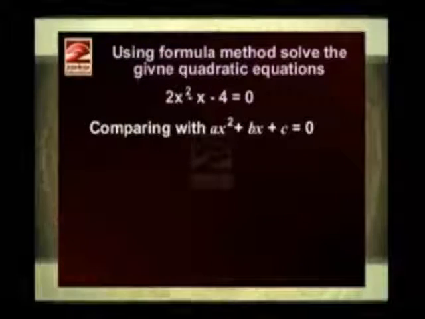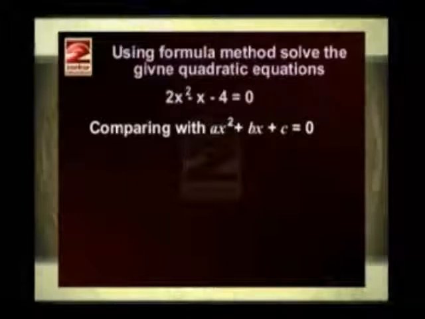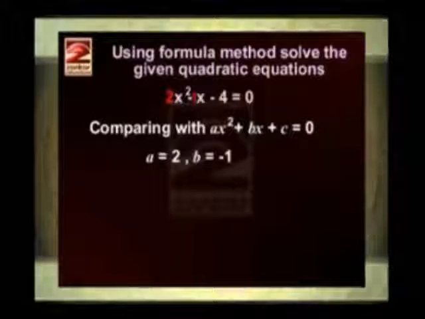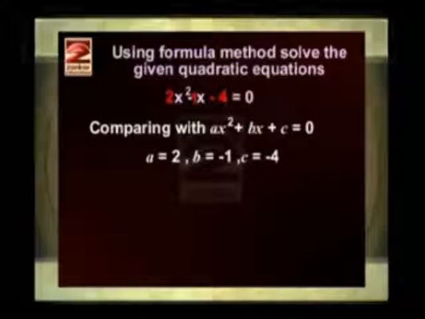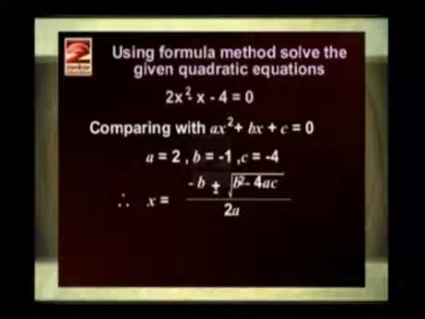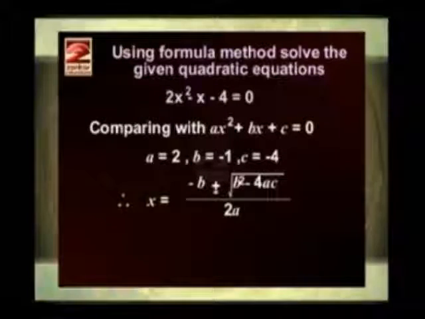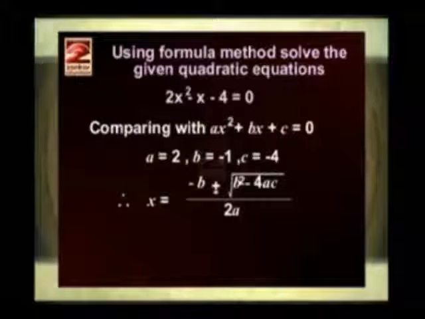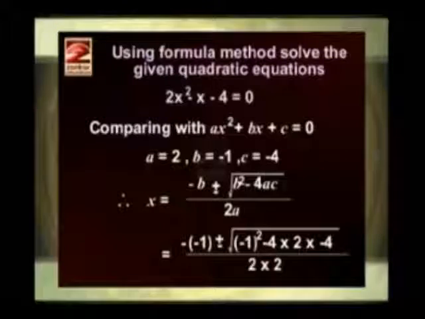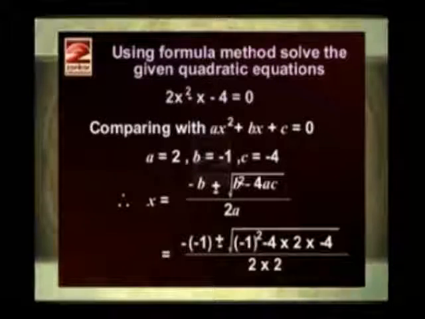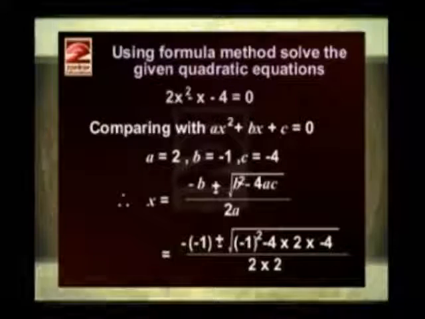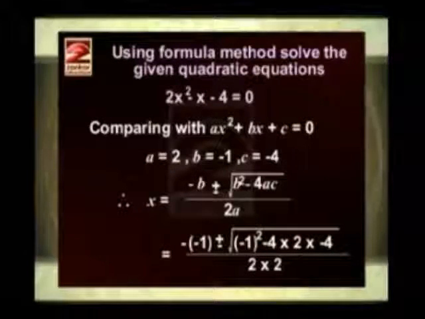Comparing with ax square plus bx plus c is equal to 0, we get a is equal to 2, b is equal to minus 1 and c is equal to minus 4. Therefore, x is equal to (minus b plus or minus root b square minus 4ac) upon 2a, that is equal to (minus into bracket minus 1 plus or minus under root (minus 1) square minus 4 into 2 into minus 4) upon 2 into 2.